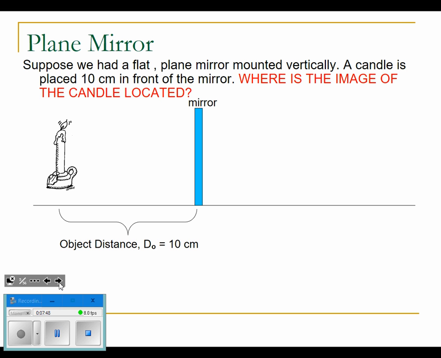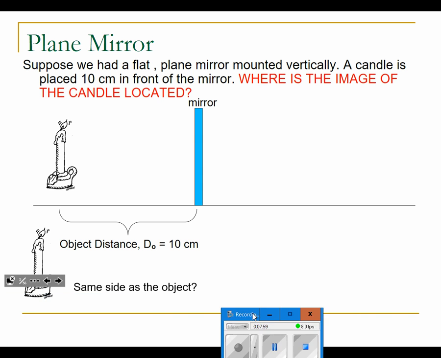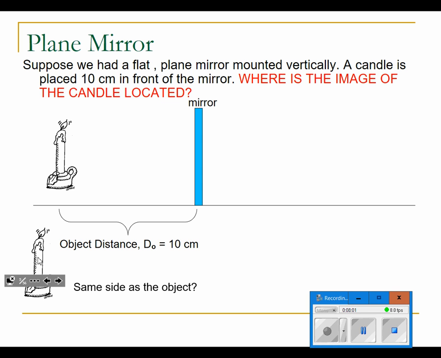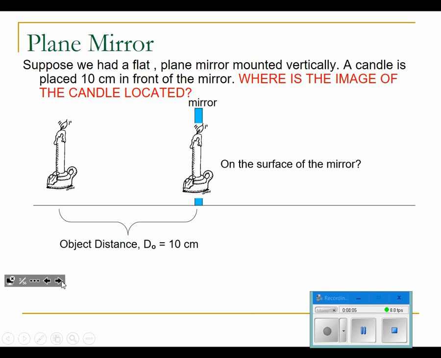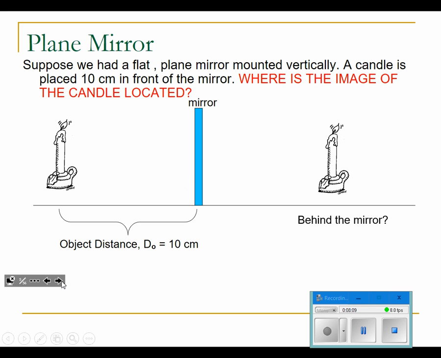Right behind the mirror is my moisturizer and my toothbrush, and then it's my sink, and then it's me. That is because on a plane mirror, we don't see the object on the same side. We don't see it on the surface of the mirror. We actually see it behind the mirror.